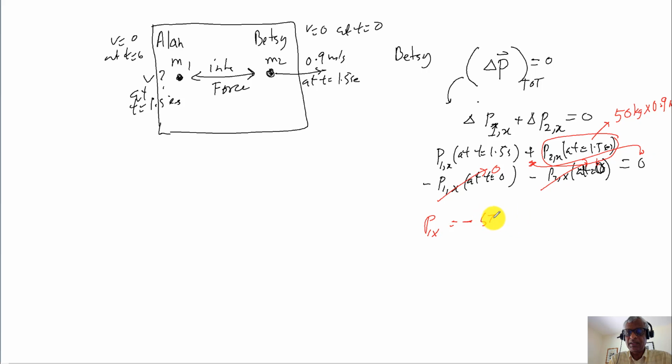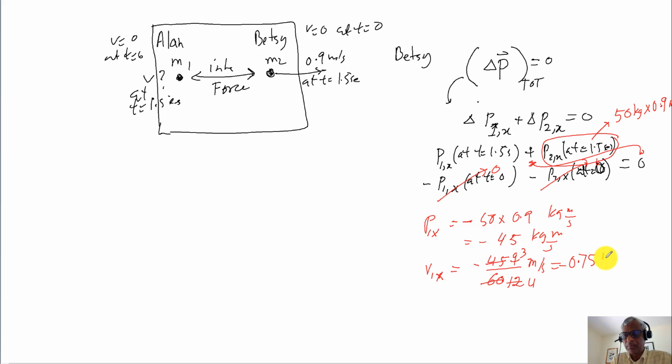So this will be 50 times 0.9 kilogram meter per second, and it's going to be minus 45 kilogram meter per second. And knowing the mass, his x component velocity v1x will be minus 45 over 60, in meter per second. And you can see that you have a 12 here, put out 5, 9, and then 3/4: minus 0.75 meter per second.